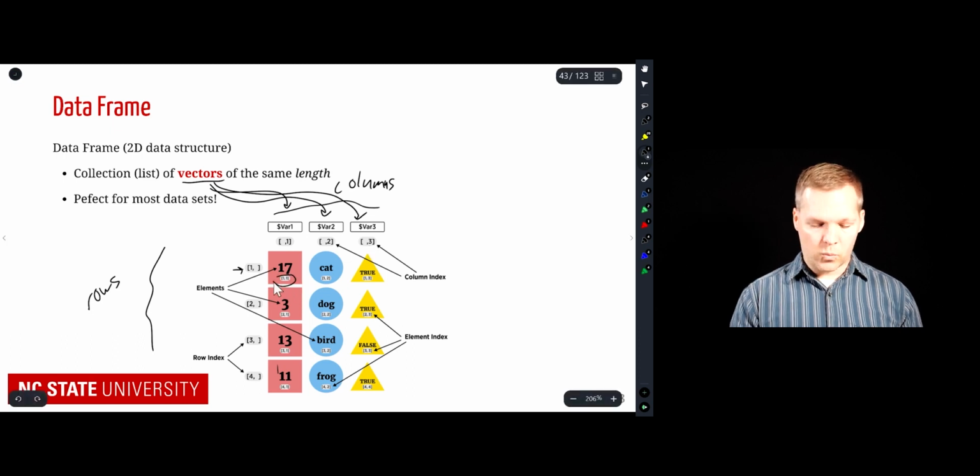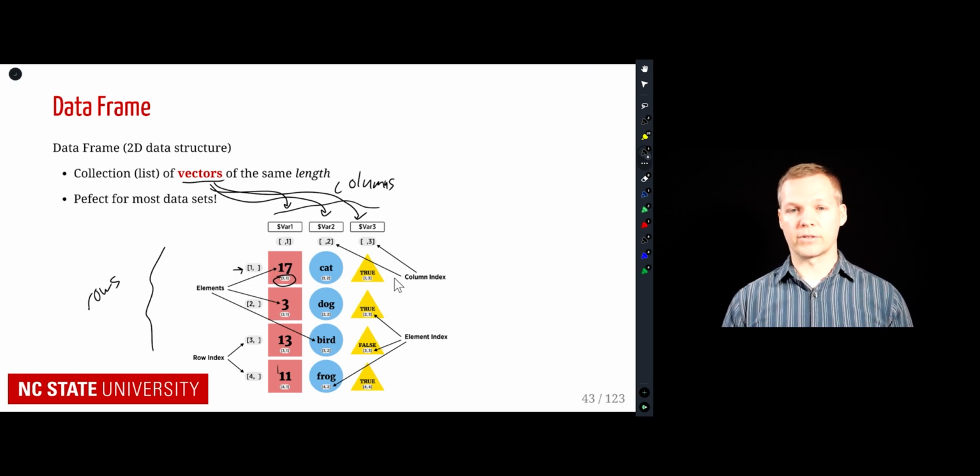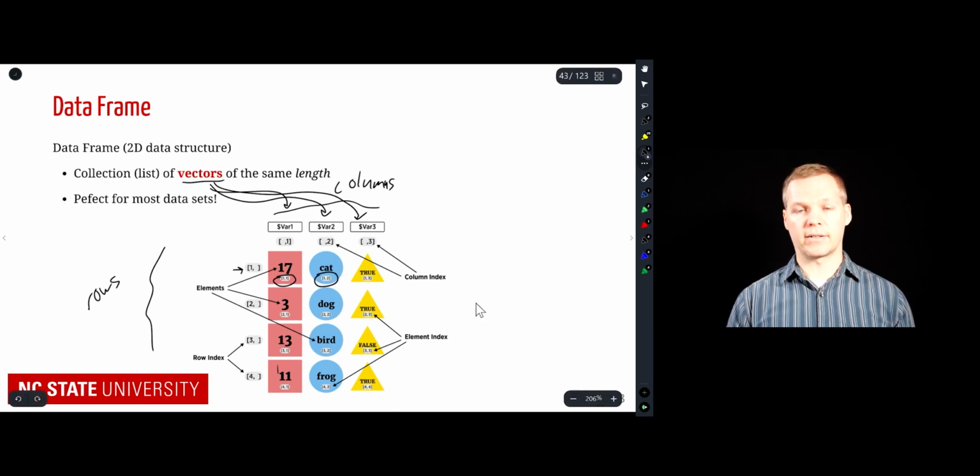So you can see here that the 1, 1 element of this data frame corresponds to 17. That is the first row, the first column. This 1, 2 element is the first row, second column. So we're going to have ways to access the different elements within our data frame using those square brackets.